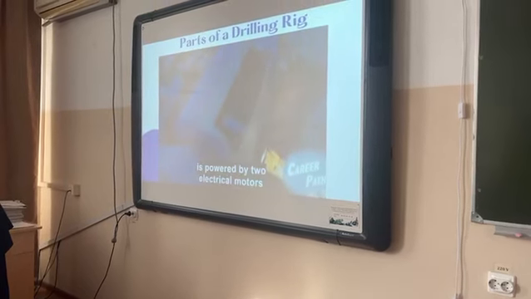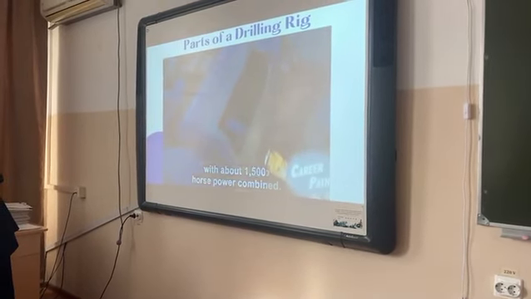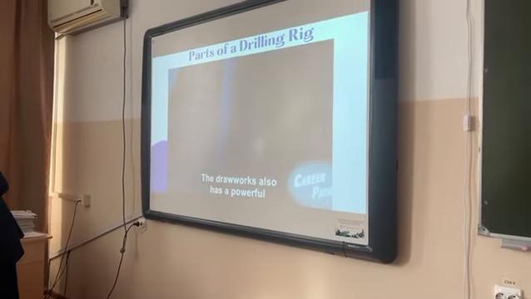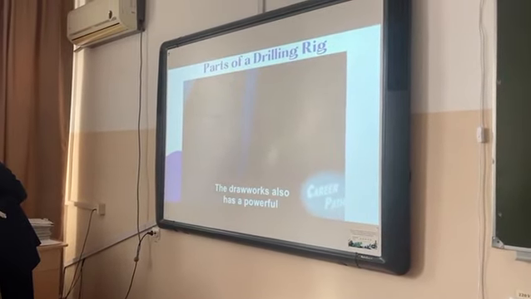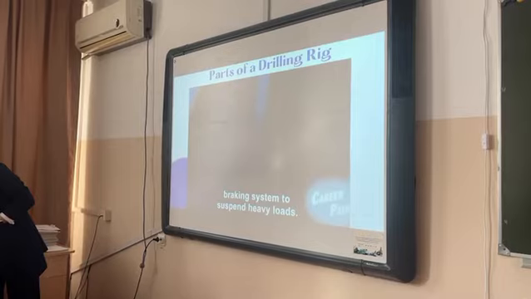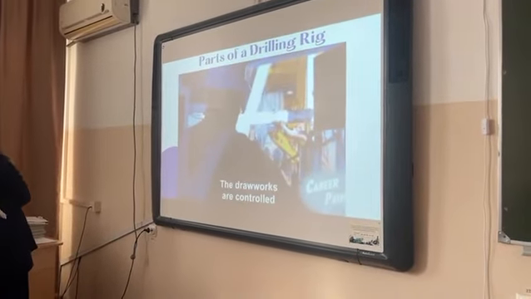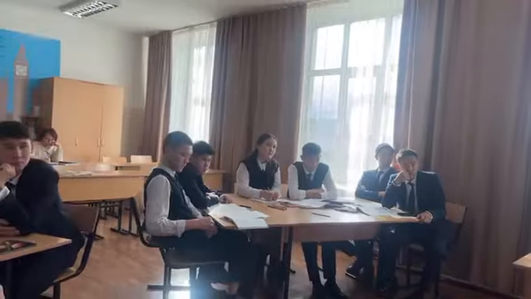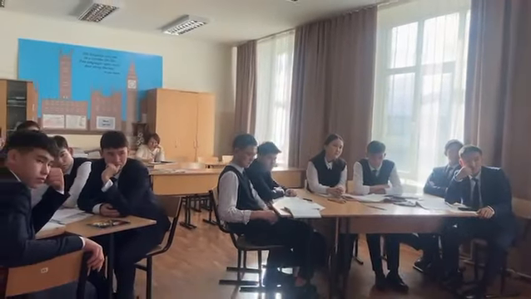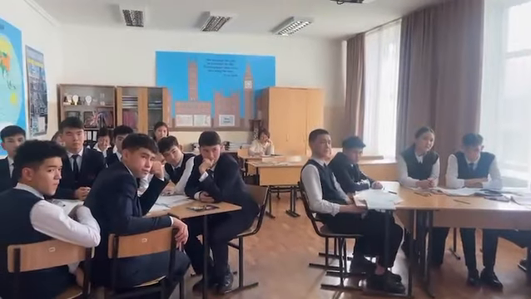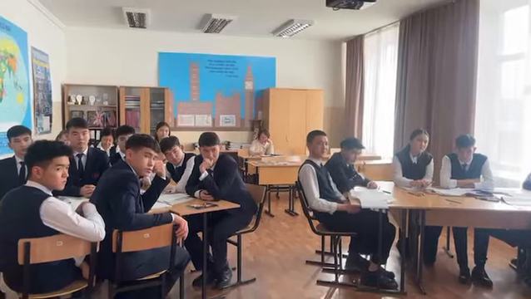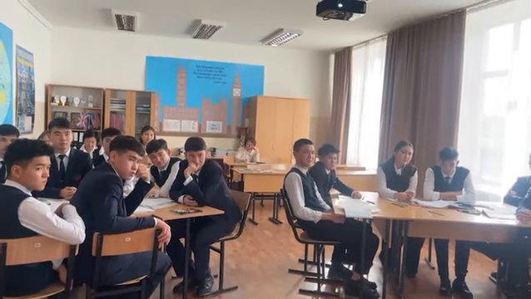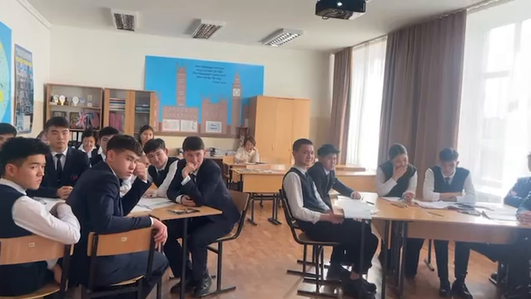The drawworks on this rig is powered by 2 electrical motors with about 1,500 horsepower combined. The drawworks also has a powerful braking system to suspend heavy loads. The drawworks are controlled from the driller's console. On this rig, the drawworks are activated by a forward or backward movement of a joystick control. The hoisting system uses tools called elevators to grip drill pipe and casing.